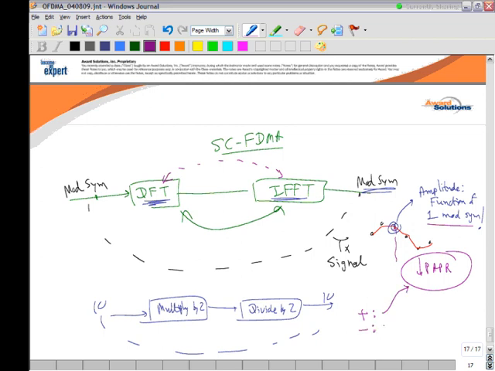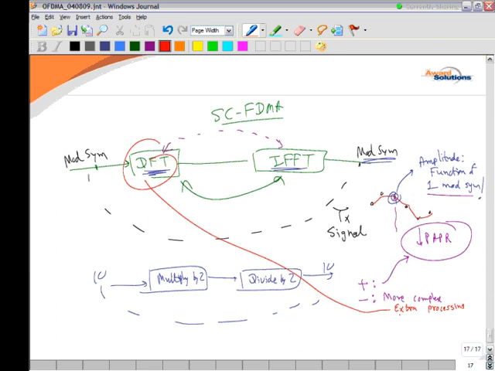The disadvantage is more complexity, because we have this extra processing of DFT. We have extra processing both at the transmitter and the receiver. At the transmitter, we are doing DFT. That's the new stuff we need to do.